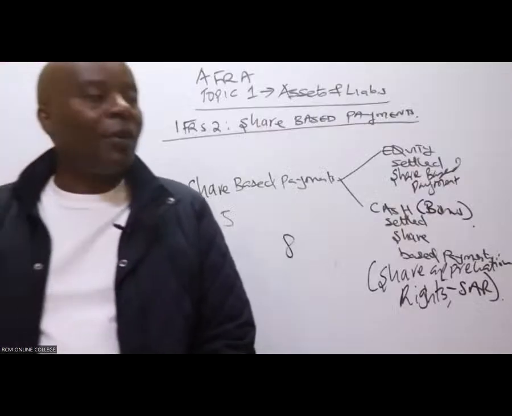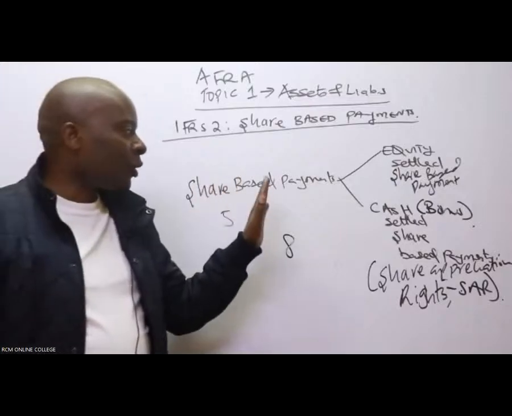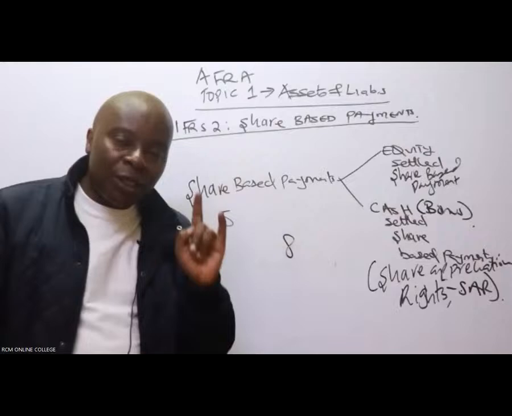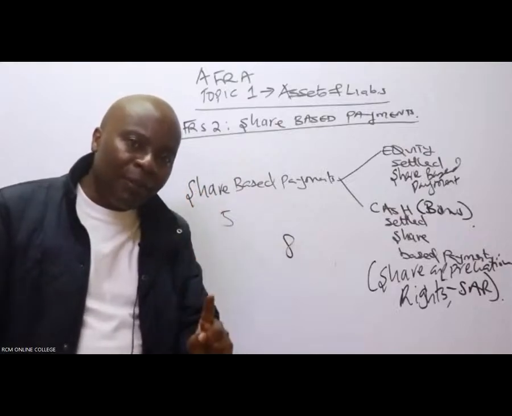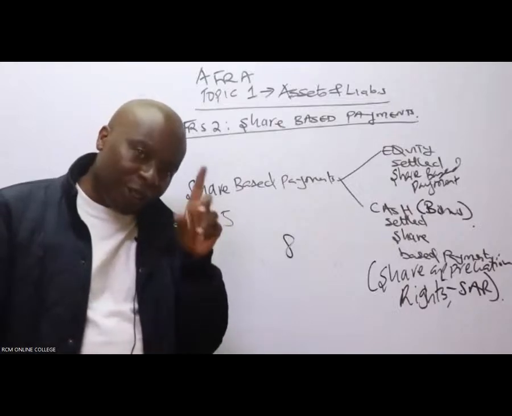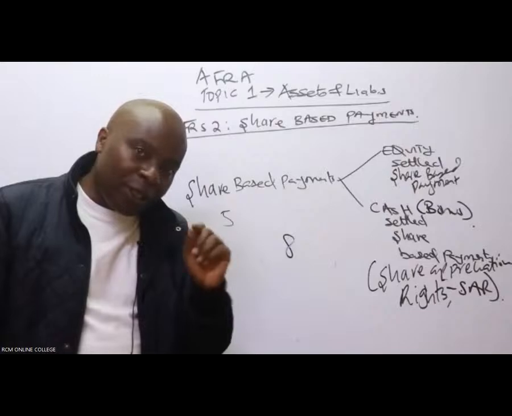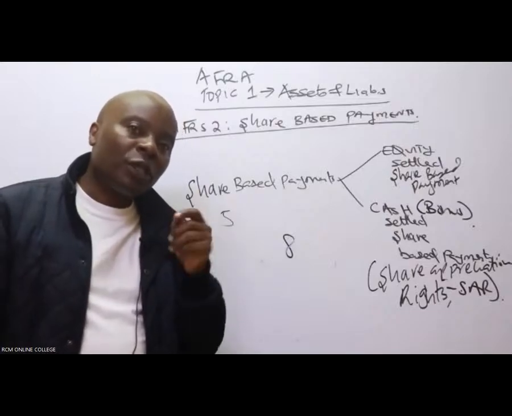We are saying something very important under IFRS 2 share-based payments. We have got two types of share-based payments. We have those share-based payments which at the end of the day will be settled using equity. Equity, we are looking at you giving those guys ordinary shares or even what we call share options.